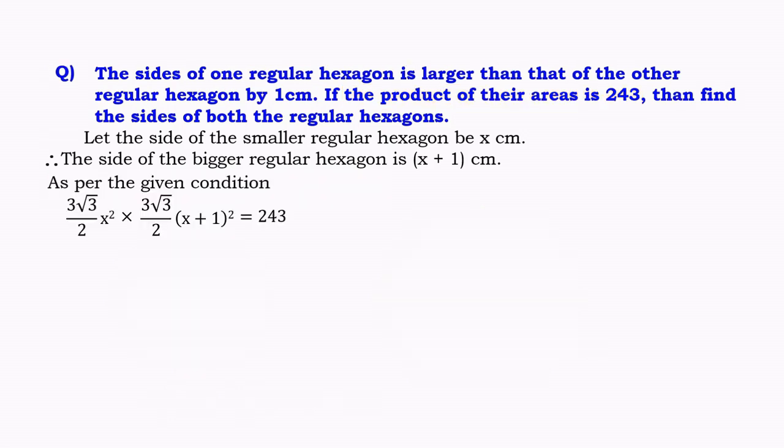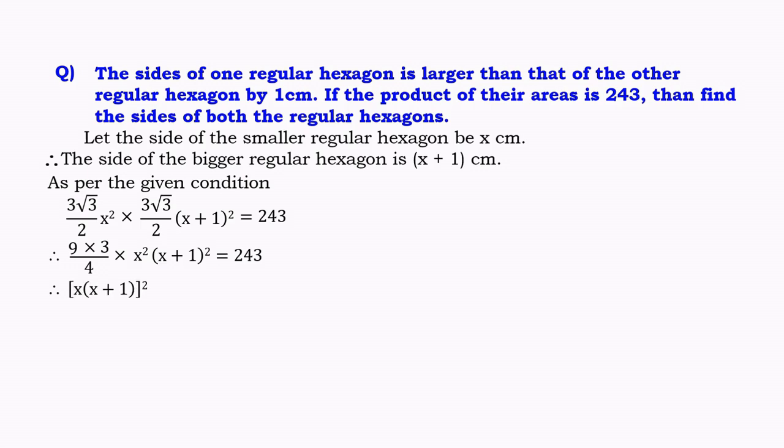Now let us simplify the equation. We have 3 root 3 by 2 multiplied by x squared multiplied by 3 root 3 by 2 multiplied by the square of x plus 1 is equal to 243. Multiplying the constants, we get 9 multiplied by 3 divided by 4 multiplied by x squared and the square of x plus 1 is equal to 243.